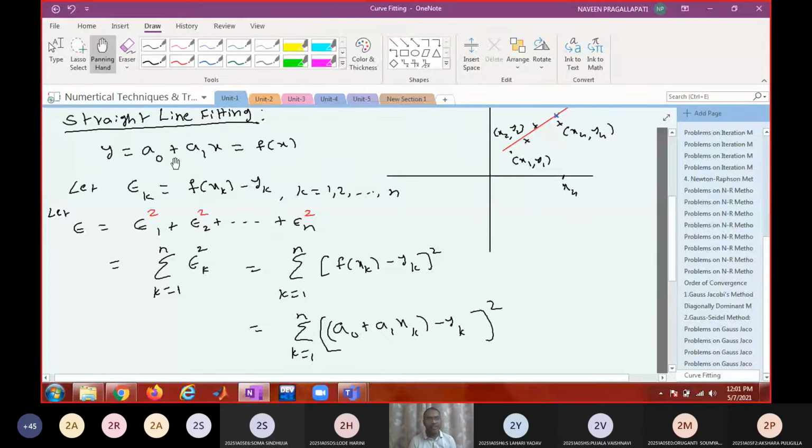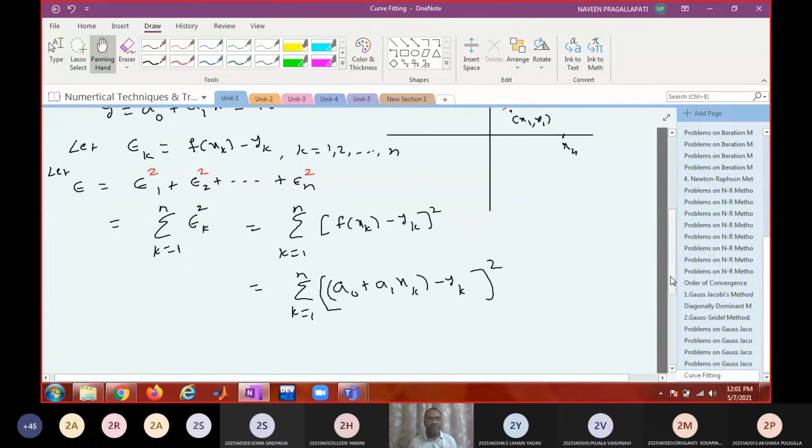We want to find out this equation, a naught and a1. So a naught and a1 are unknowns. So this whole thing is a function of a naught and a1. Do you agree? Let us say that this is g of a naught and a1. So what is our problem now? Our problem is to find a naught and a1 at which g has a minimum value. Do you agree?